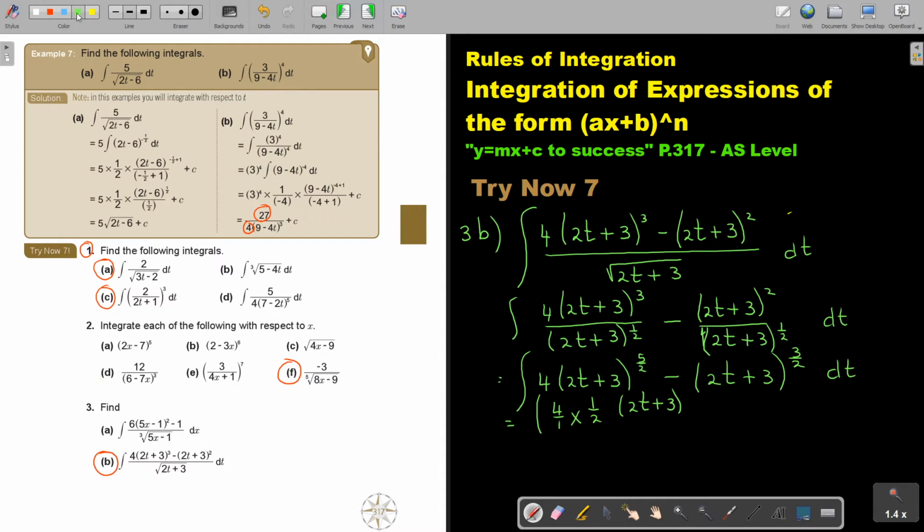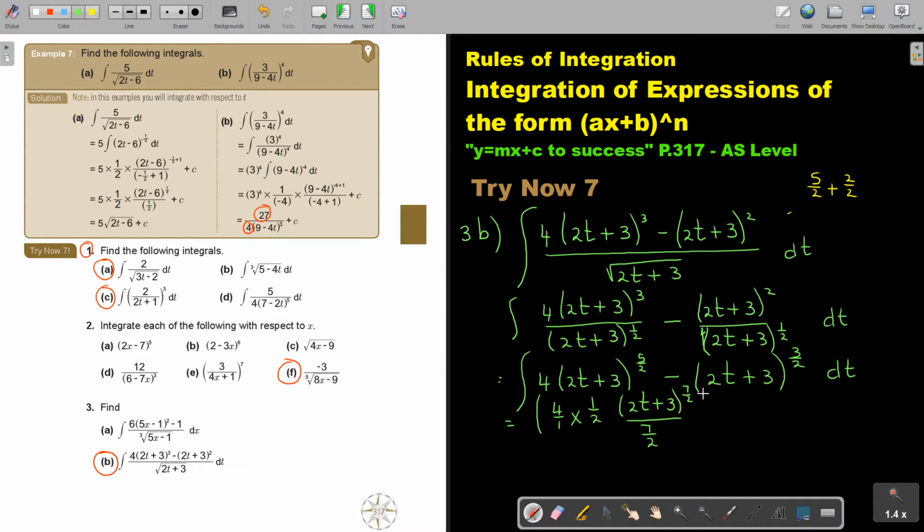Now, can I just show you here? If it's 5/2 plus 2/2, in integration I add, so it's 7/2. Do you see that? So it's 7/2, and I divide by 7/2.